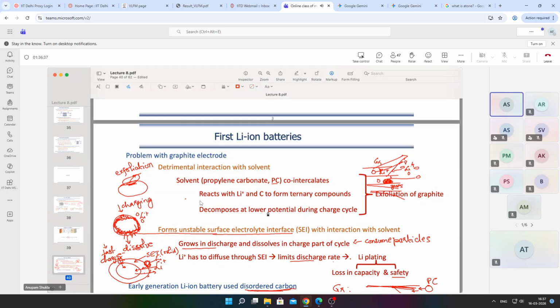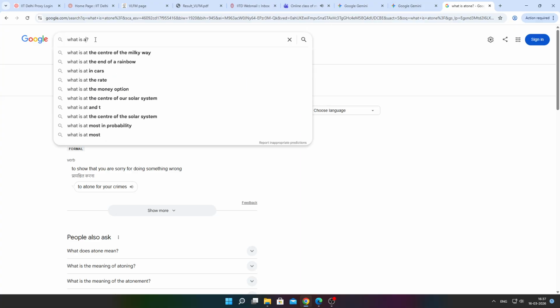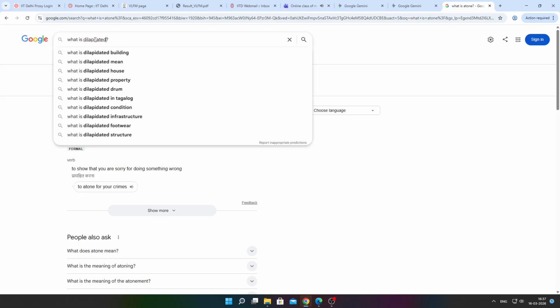When it goes down to a sufficiently low value, these ternary compounds decompose. So they form smaller compounds, usually some gas components also.